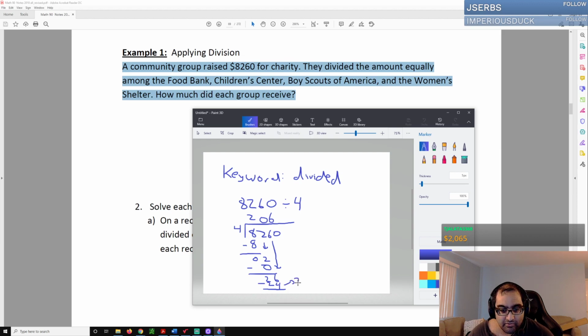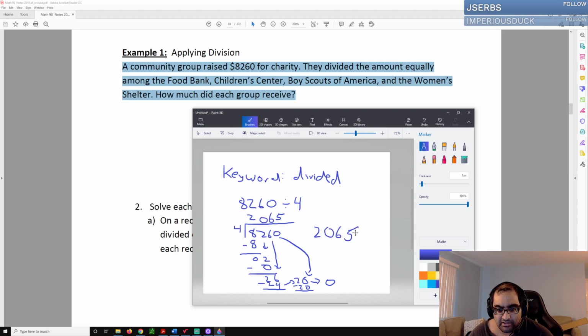Bring that over, that's going to be 2, bring down the 0, and that's going to net us the 5 and wipe out everything else. Okay, so $2,065 per organization is correct. All right.